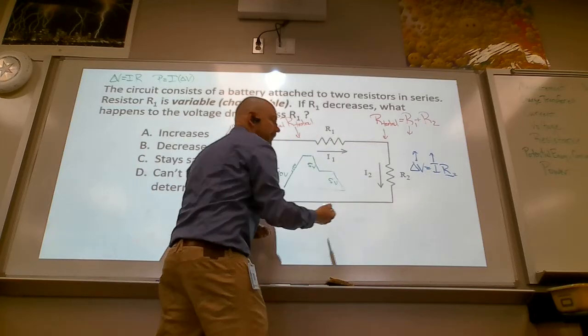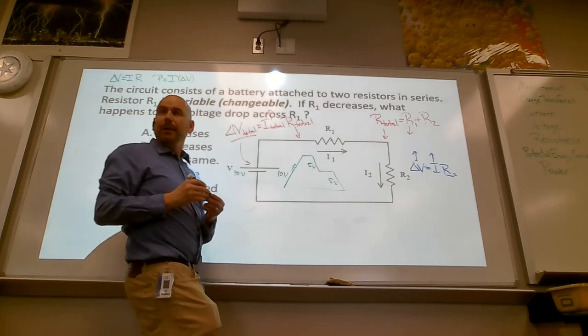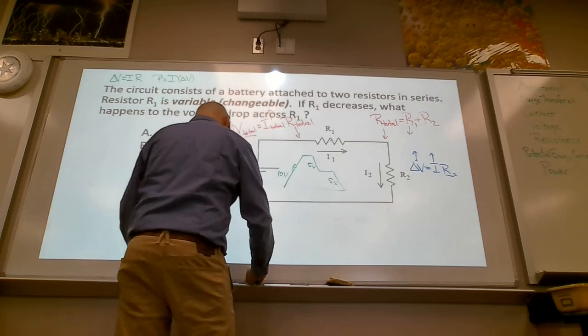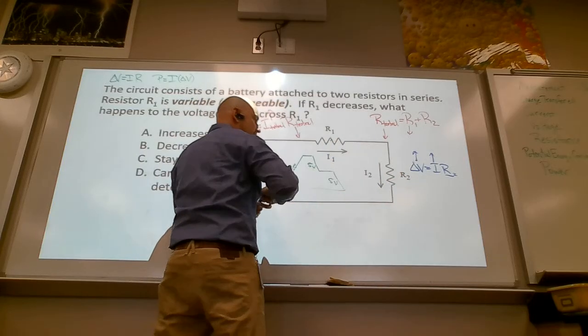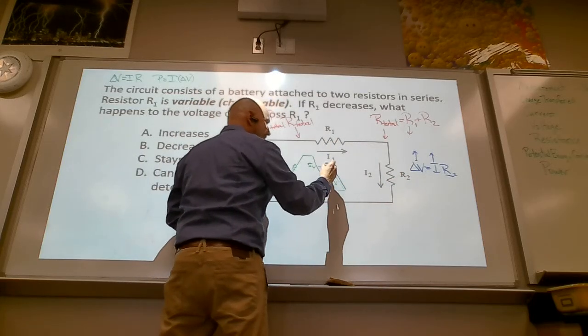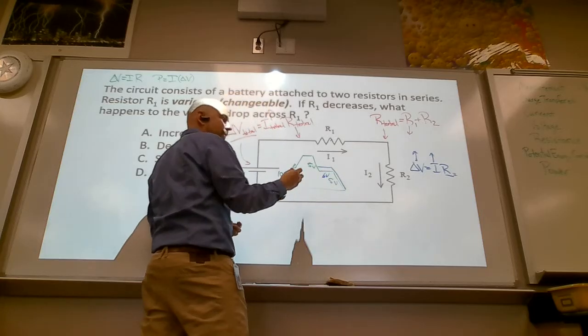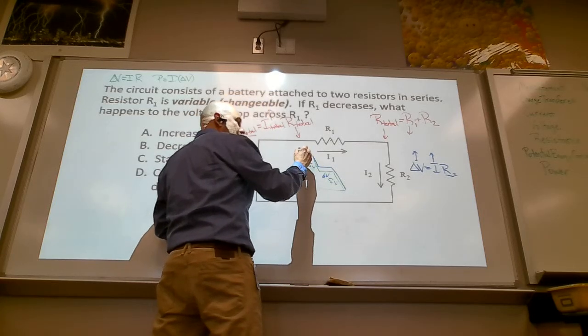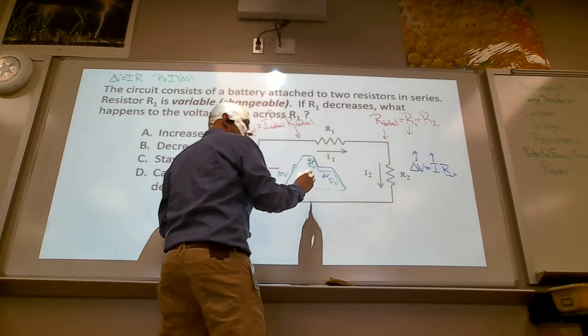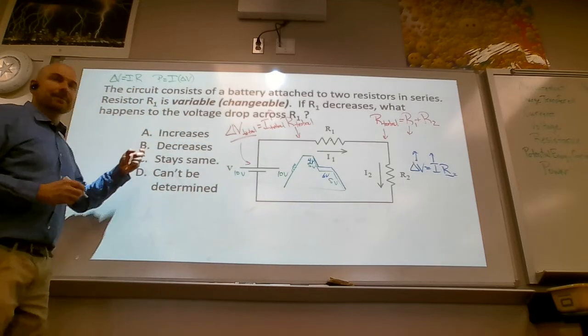Voltage gain equals the sum of the voltage drops. Okay? We just said when we decrease the resistance on that, this voltage goes up. So that goes up to like 6 volts. Again, I'm making this up. In order for your voltage gain to equal your voltage drop, this has to be reduced to 4 volts. Decreases.